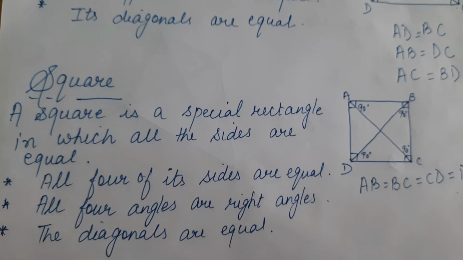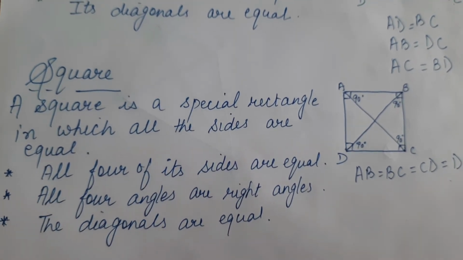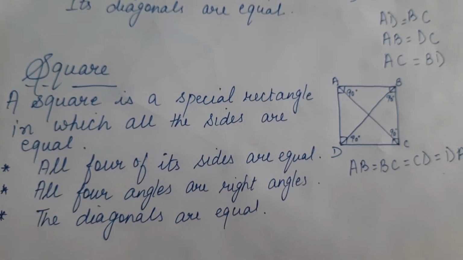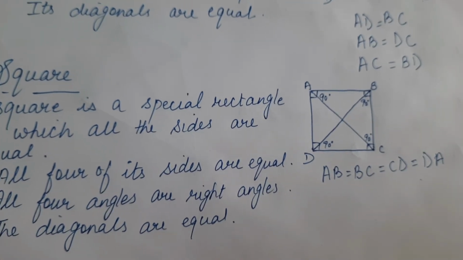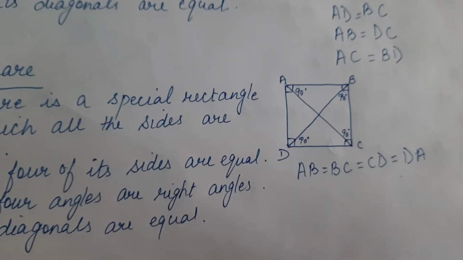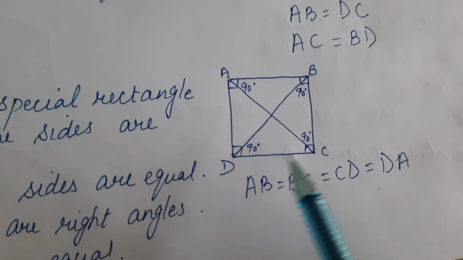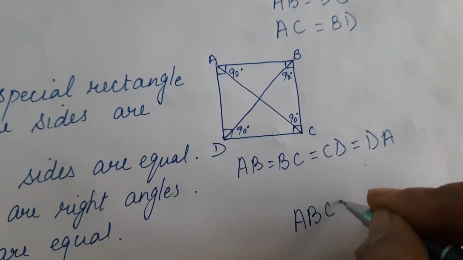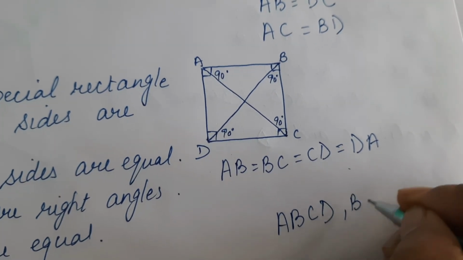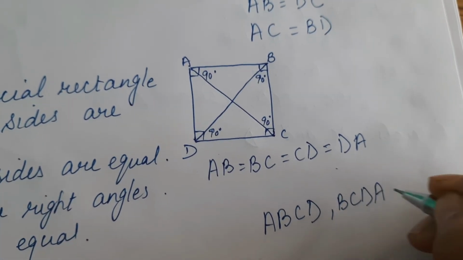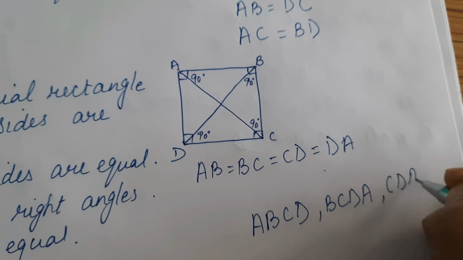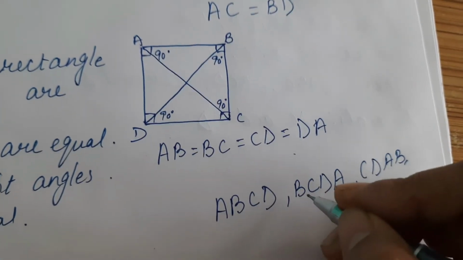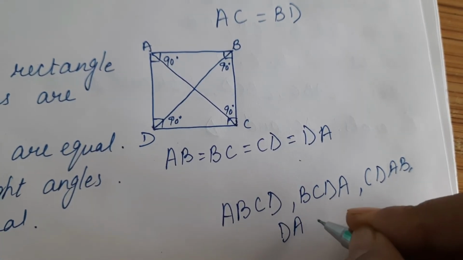And one thing you have to keep in mind is that a quadrilateral is named by its vertices written in order. While naming a quadrilateral, the vertices should be in order. That means if we are naming this quadrilateral, then we will name it as ABCD or BCDA or CDAB or DABC.